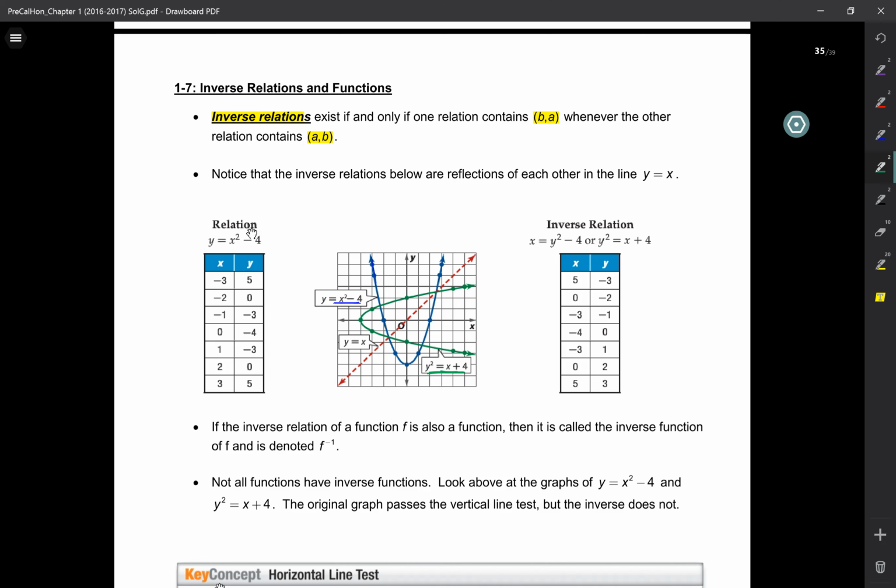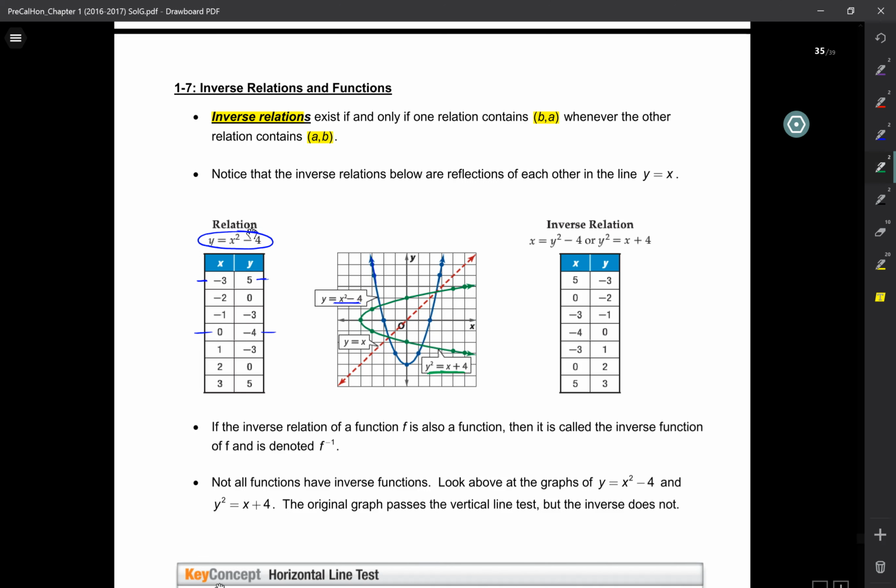First off, when you look at the relation y = x squared minus 4, if we pick some values for x and find their corresponding y values, they're listed in this table. When x is -3, y is 5, when x is 0, y is -4, and so on.